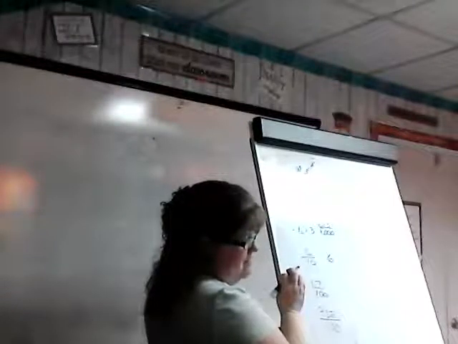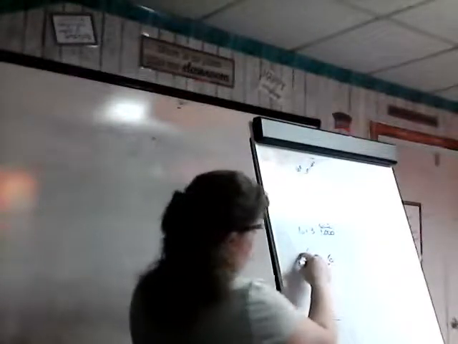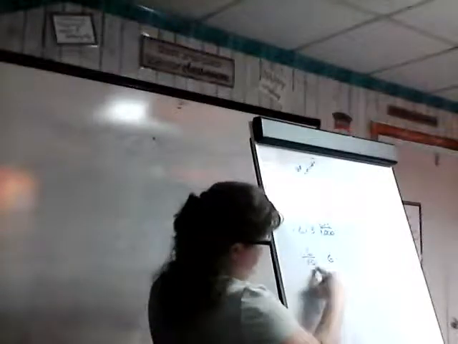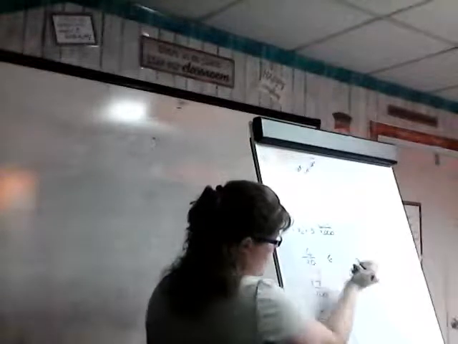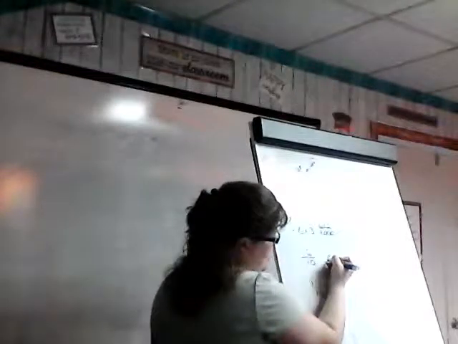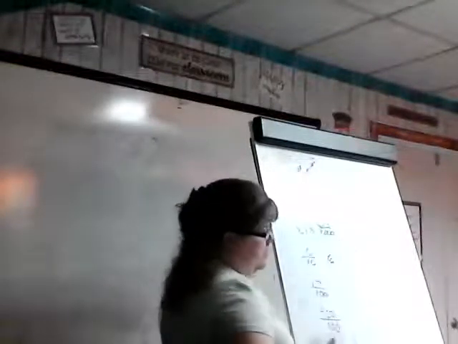You good, Aiden? How many zeros do I have? 1. So therefore I only have one number here, and I put the decimal point right before it.